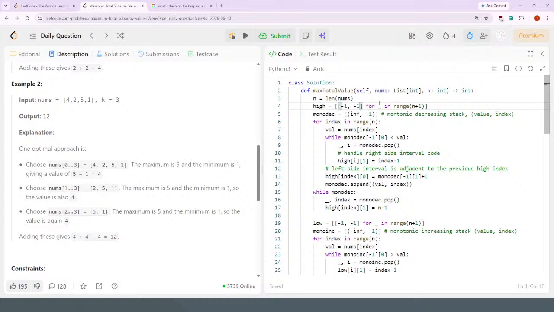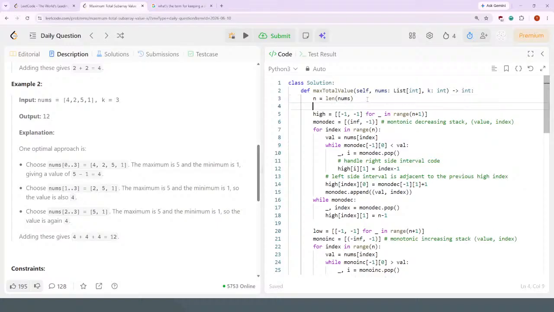Then I can't have n+1. Or can I? Yes. If I said that the nums appends infinity here, or should append negative infinity here. Let's just say appends infinity.